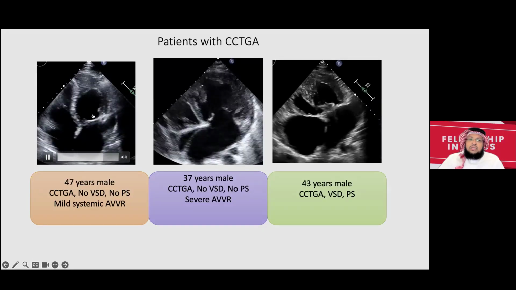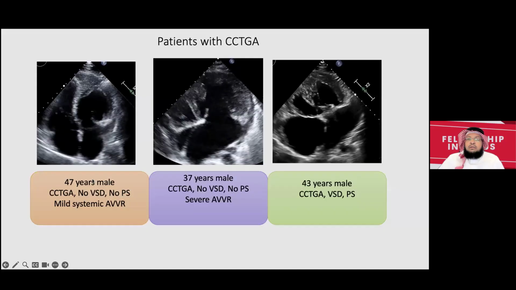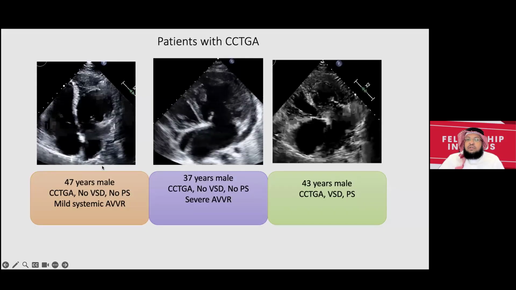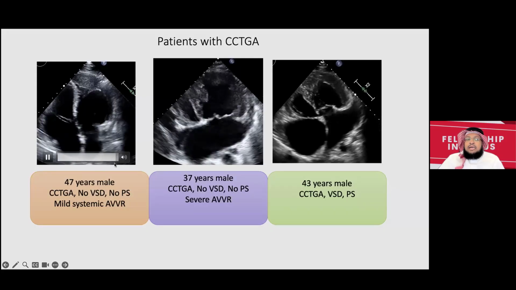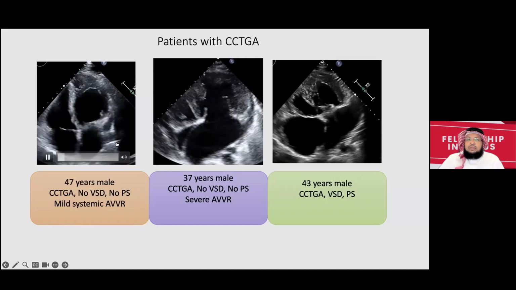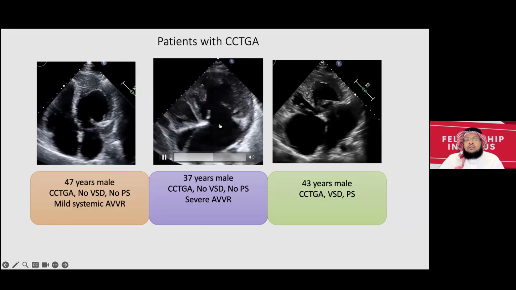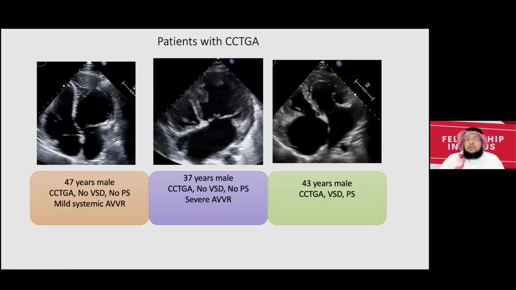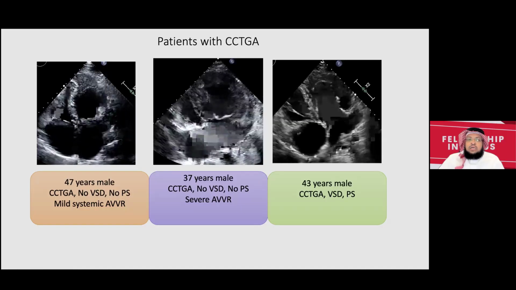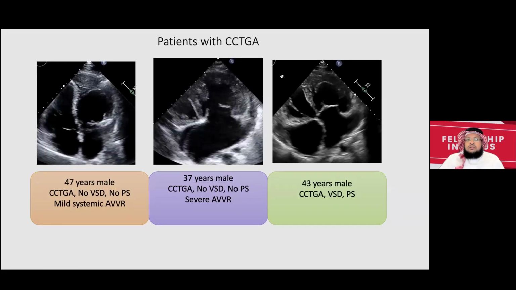But the first one is a high-ranking military officer. We just discovered him 3 years back, and he is completely asymptomatic. This patient was admitted with us with severe heart failure, and he is being listed for transplant.